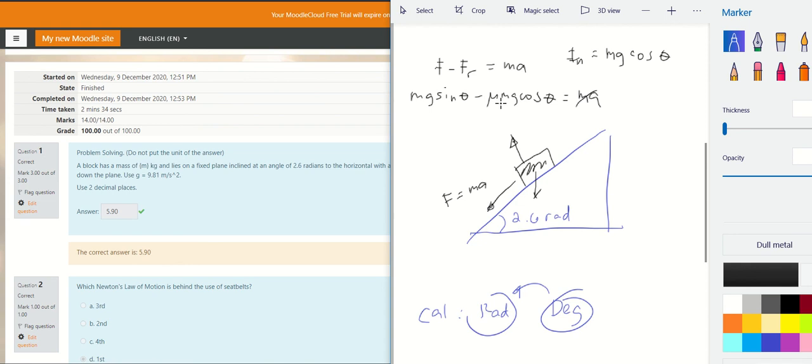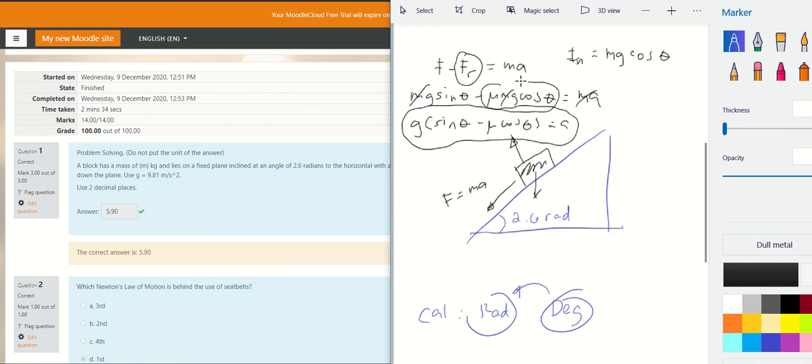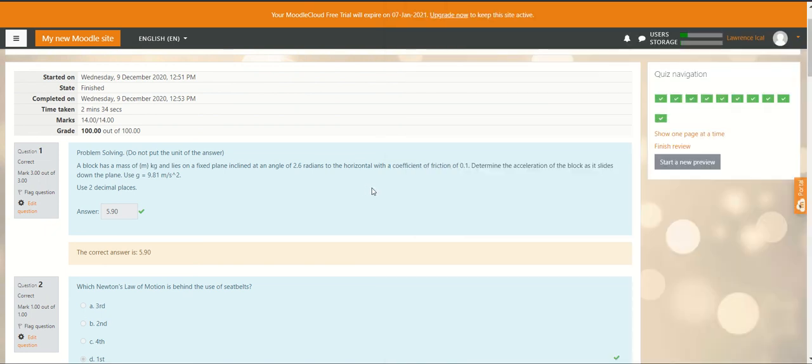Both sides have mass, so cancel it. It becomes g sine theta minus mu g cosine theta equals a. This is your working formula for this kind of problem. Always remember that the frictional force is mu mg cosine theta, and that mg cosine theta is the normal force. That's the only formula.